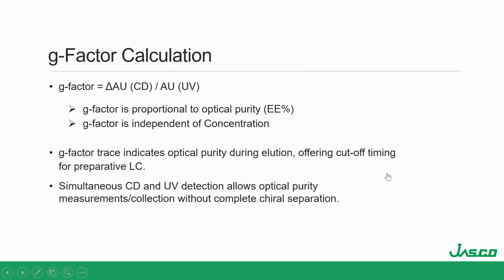But the take-home message here is that the G factor trace indicates areas of optical purity on the chromatogram. So simultaneous CD and UV detection allows you to pull out as much of the material as you can without having much crossover, without complete chiral separation. So here's an example of that.